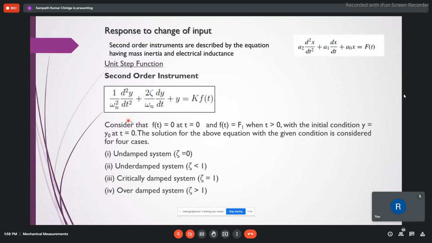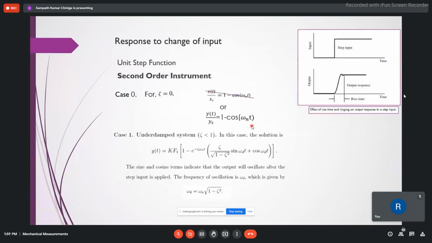How it behaves when it is undamped, underdamped, critically damped and overdamped, they have plotted, and from the plotting we can understand how it will behave with different inputs, like static or unit step functions. Now you can see over here, when zeta is equivalent to 0, your solution is nothing but yt by ys equals 1 minus cos omega n of t.